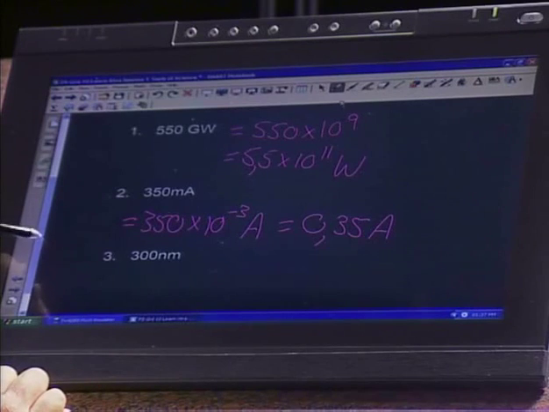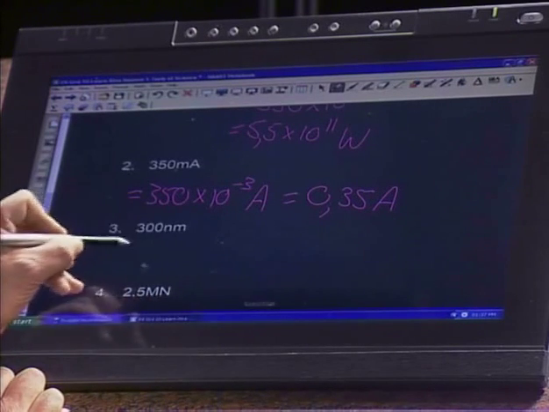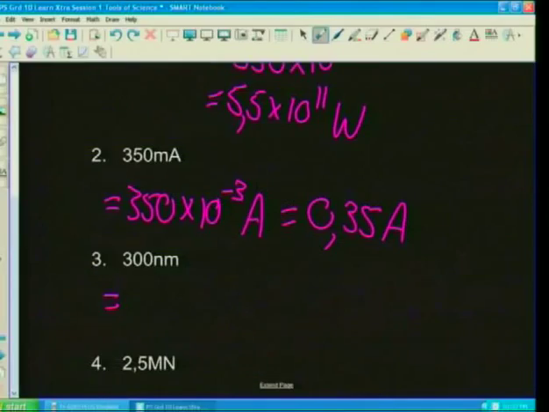Well, what about 300 nanometers? Well, I think you can do this one almost in your head. Well, we're going to say 300 nano is times 10 to the minus 9, and we can now do it in our heads. Strictly speaking, we want it to be a single digit, 3. What have we done? We've divided by 100 to get there.